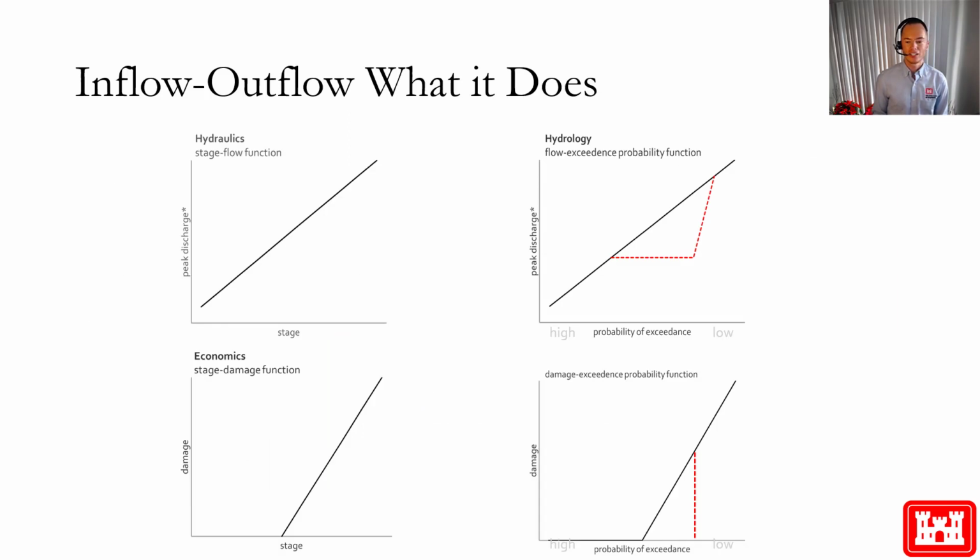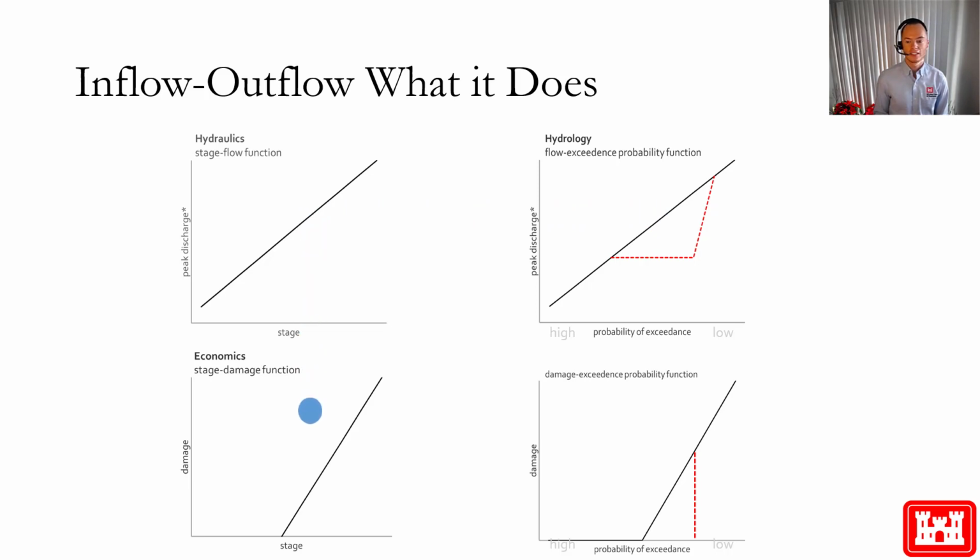In the case of an unregulated flow for a given event or probability of exceedance, we can identify a peak discharge from the flow exceedance probability function. The identified peak discharge corresponds to a particular stage from the stage flow or rating function.